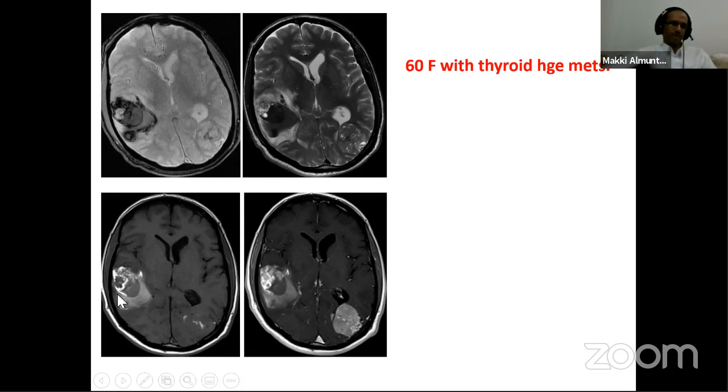Although it's bright on T1, we can still appreciate solid enhancement here. You look, this is T1 without contrast, and T1 post contrast, there is solid enhancement, indicating that this is metastasis with hemorrhage. And when you look at the other side, there is another mass here which shows solid enhancement. So this is thyroid metastasis.